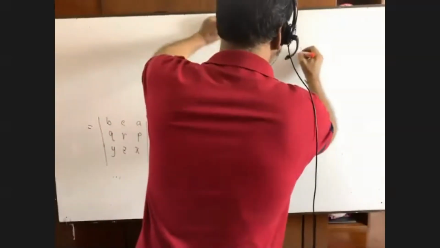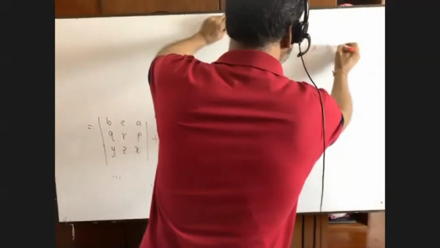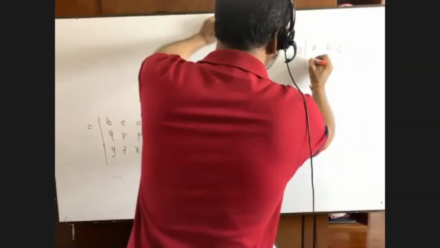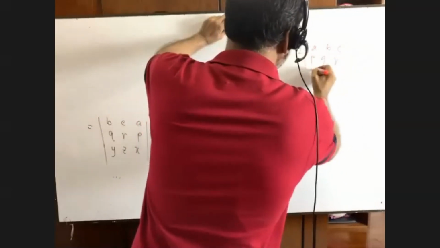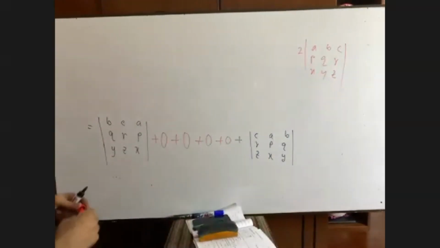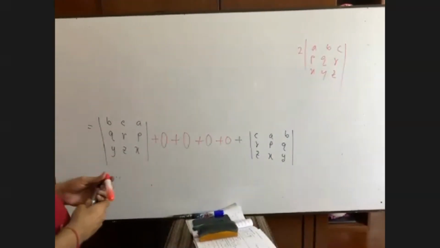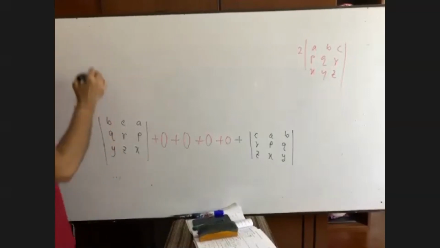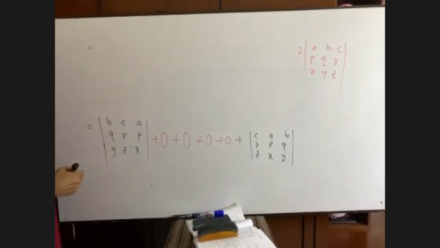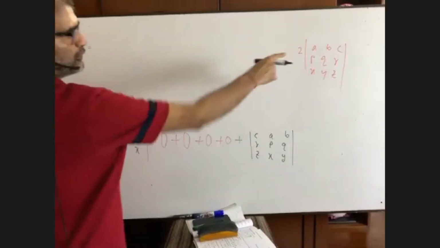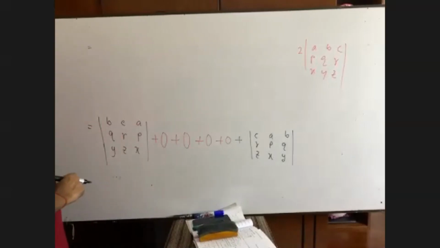Our right hand side is 2 into A, B, C, P, Q, R, X, Y, Z. It is our right hand side. Okay, not a matter. You see what I'm going to do. Can you please make these 2 into this? Perhaps not, right? Okay.